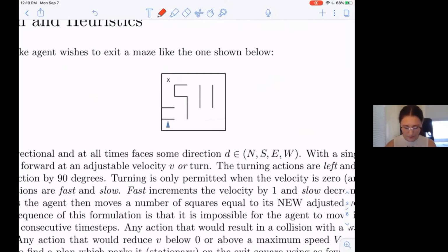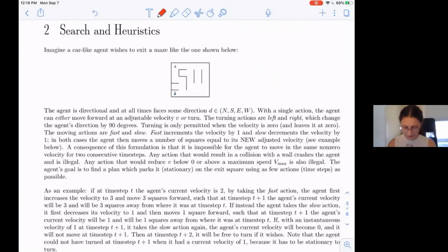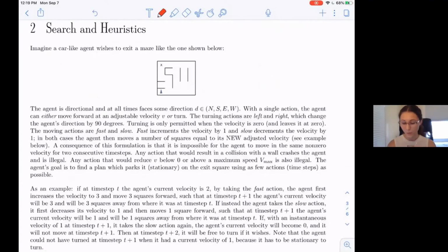Now our problem here says that the agent is directional, and it can always face one of 4 directions: north, south, east, west. In a single action, the agent can either move forward at an adjustable velocity, or it can turn. The turning actions are left and right, which change the agent's direction by 90 degrees. And that, again, is going to change which direction it's going to be facing.